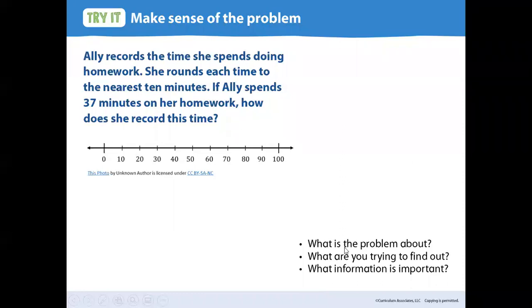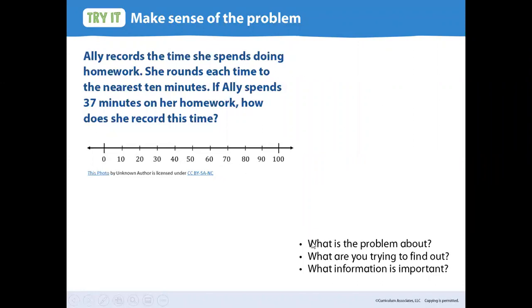The first thing we need to ask is, what is this problem about? This problem is going to show us how much time Allie spends on her homework. What are we trying to find out? We're trying to find out, if Allie spends 37 minutes on her homework, how much time would that be rounded to the nearest 10?